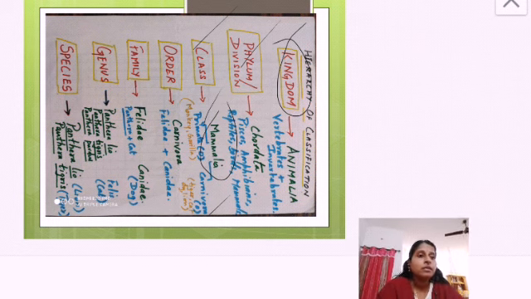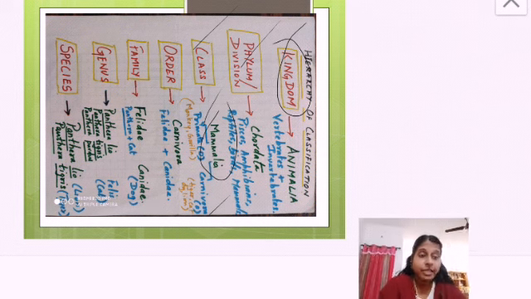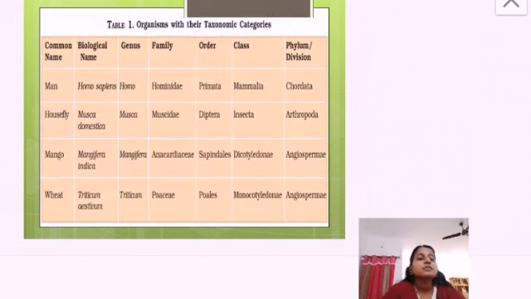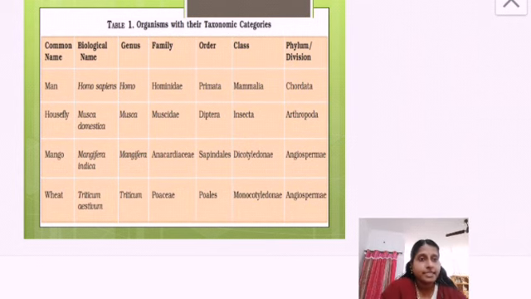When you are learning, you learn it as kingdom, phylum, class, order, family, genus, species. That order should be known, and if you are asked to explain with an example, the examples are given beside. Just go through this picture. This is a table depicting organisms with the taxonomic categories.